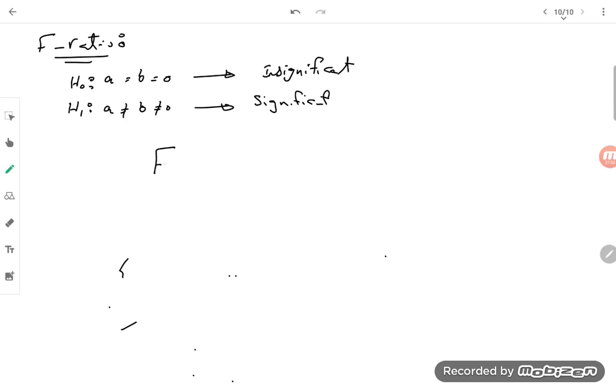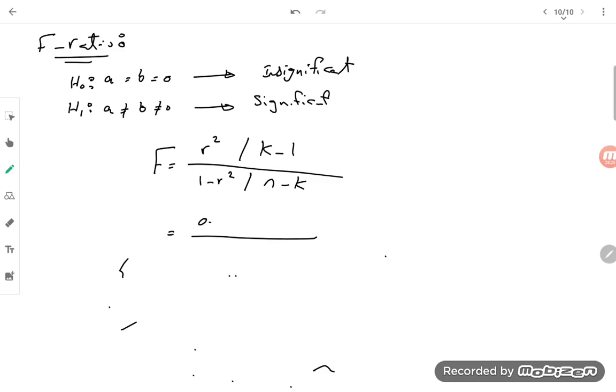F is calculated as r squared divided by k minus 1, divided by 1 minus r squared divided by n minus k. So we can write it as 0.91 divided by k minus 1.